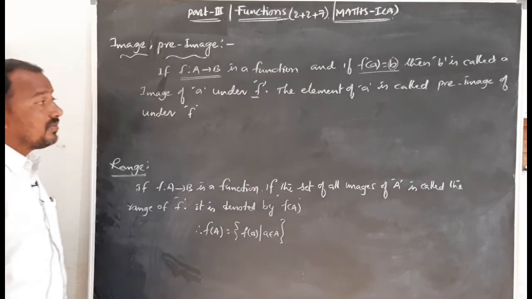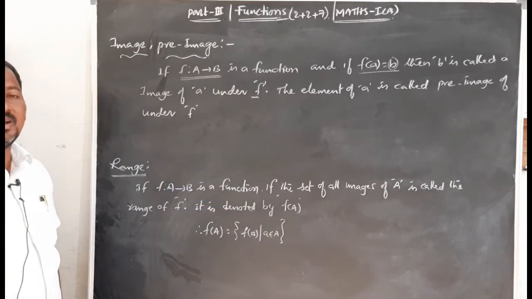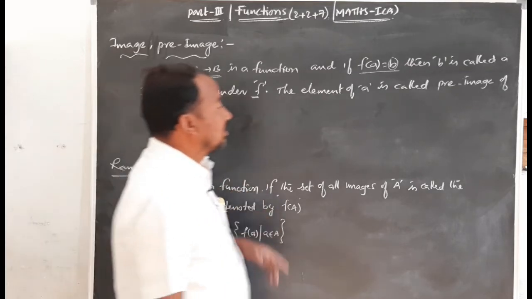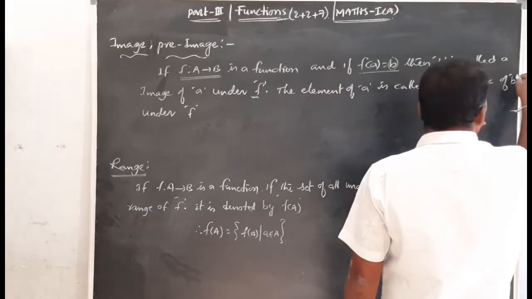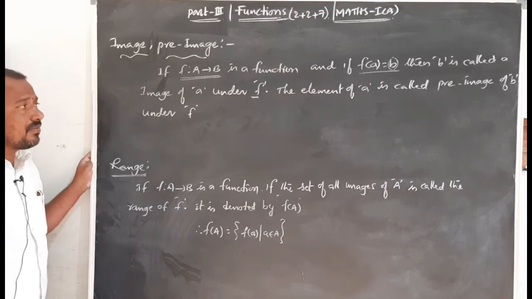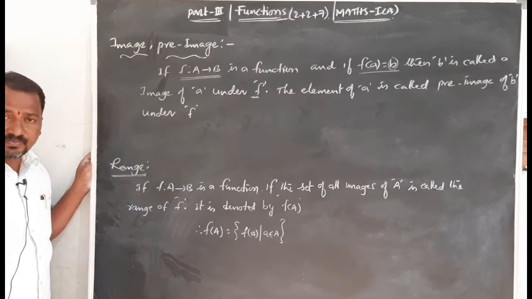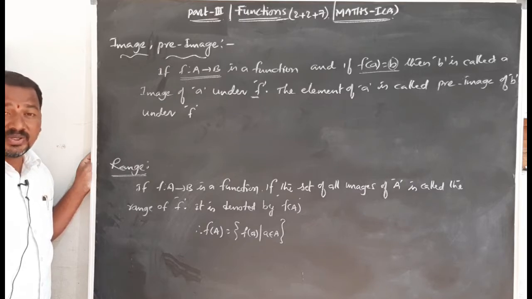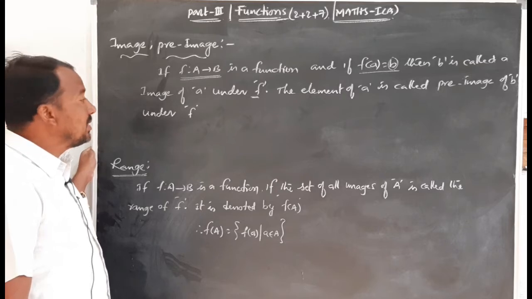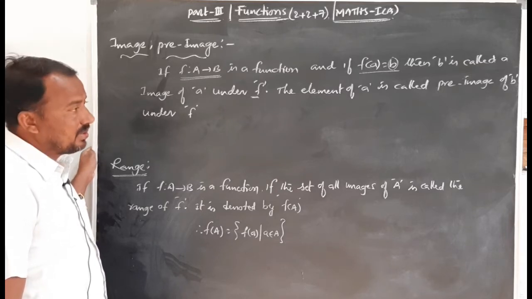The element a is called the pre-image of b under f. Once again, if f from A to B is a function, and if f of a equals b, then b is called the image of a under f. The element a is called the pre-image of b under f.